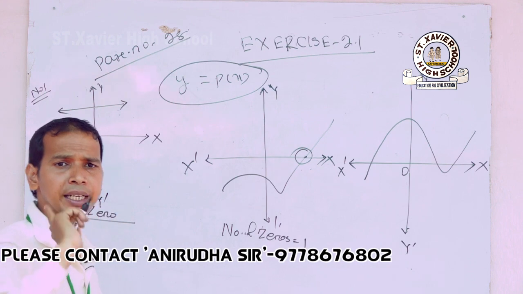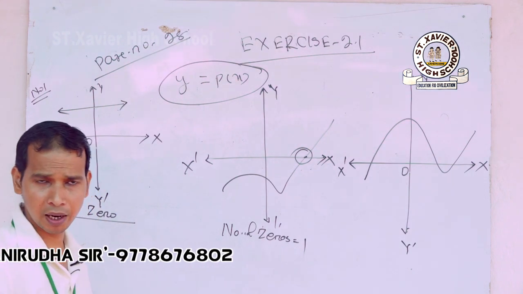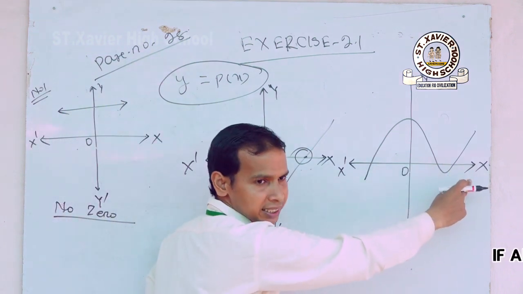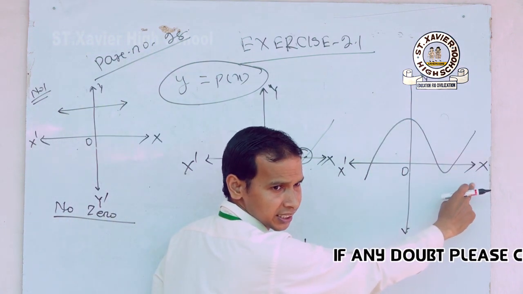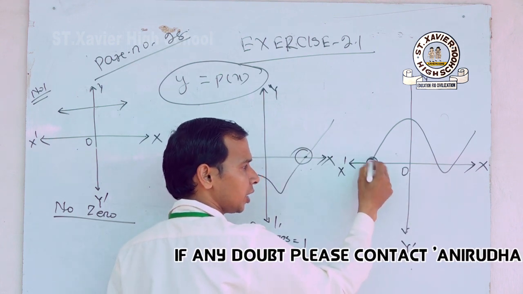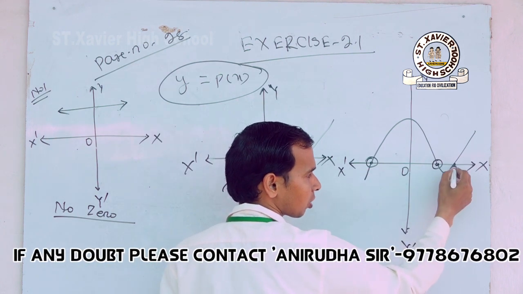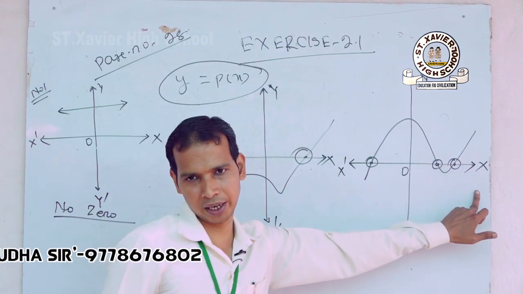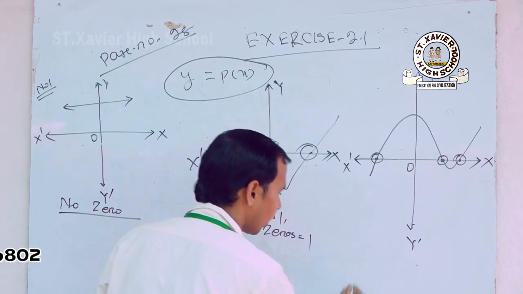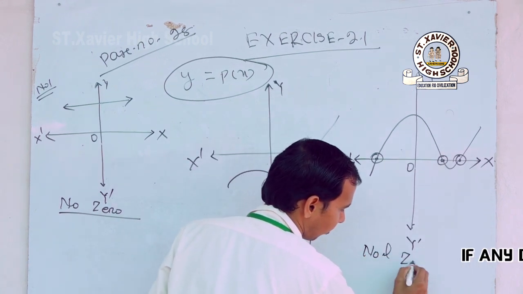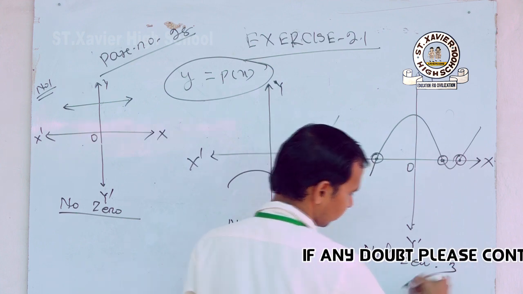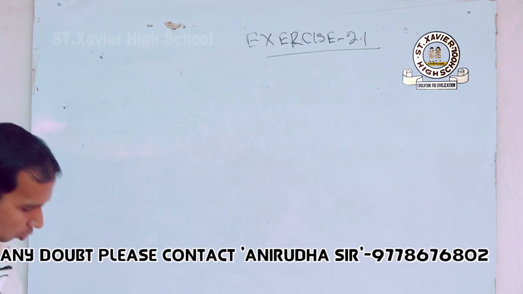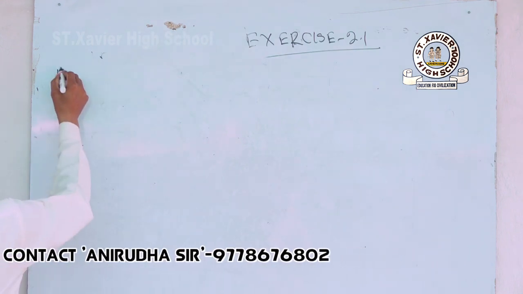We have to find the intersecting points of the graph line with the x-axis. The intersecting points are here, this one and this one, so there are 3 intersecting points. So the number of zeros here is 3. Any doubt? Okay.